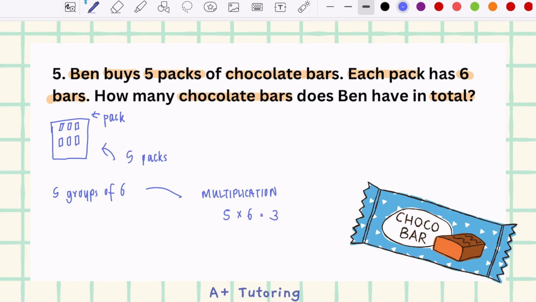Which gives us 30. Or you can count by 5s until you get to like the 6. So, take your hand out, take 6 fingers out, and you can just go 5, 10, 15, 20, 25, 30, right? Either way, you get 30 as your answer. Again, remember your units, which are chocolate bars.